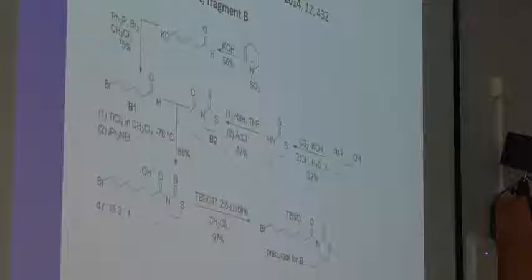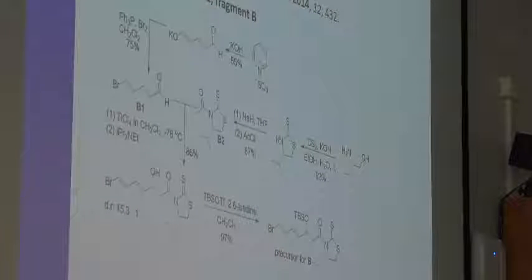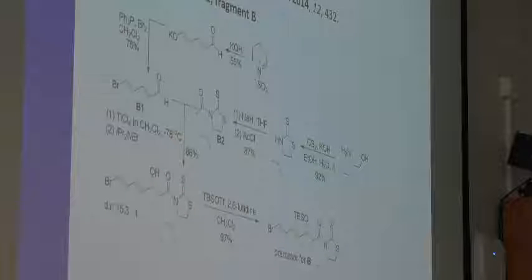More questions? I have a question. Is it possible to automate this? Because when I see these transforms that you talked about, how easy would it be to make a computer program to search for that? Oh yes, there are computer programs for this. Corey has developed a computer program called LHASA. I think it is in its 18th edition now. I don't know these programs, but I think they are good. These programs do retrosynthetic analysis, they give you a complete pathway.